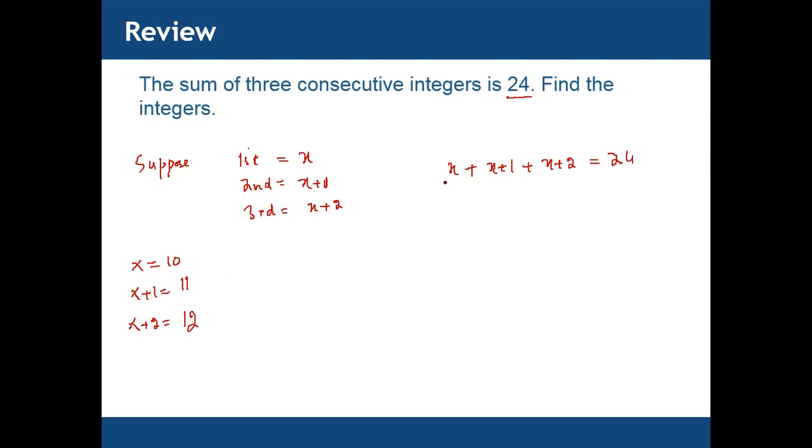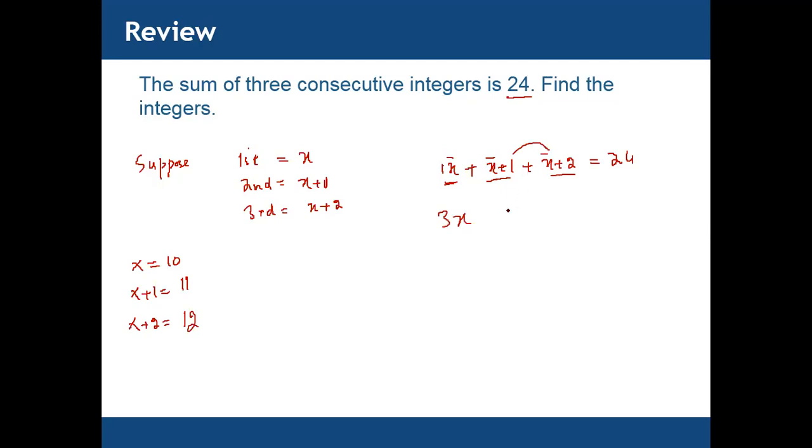So what are these integers? First, second, and third. Now we have x, x plus 1 and x plus 2. We have 3x, since the coefficients of x are 1, 1, 1. If you take these like terms, x plus x plus x equals 3x.